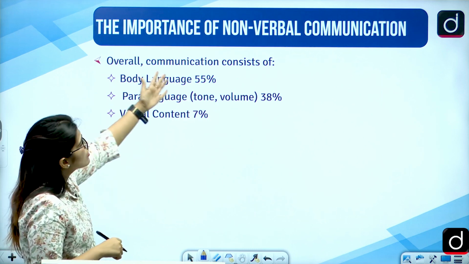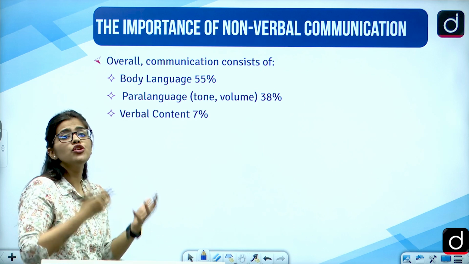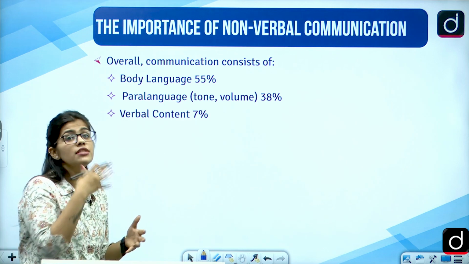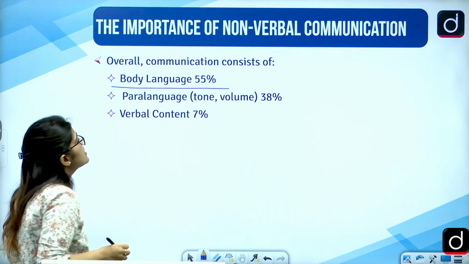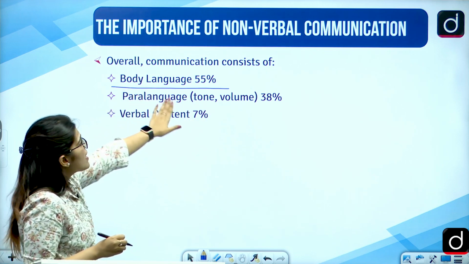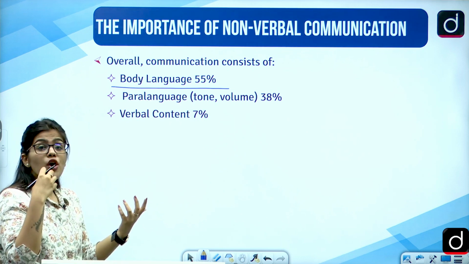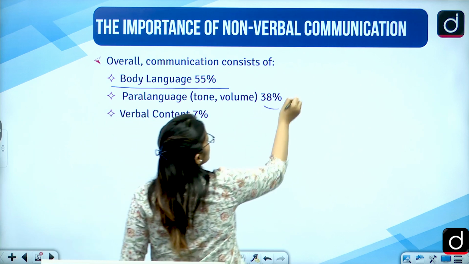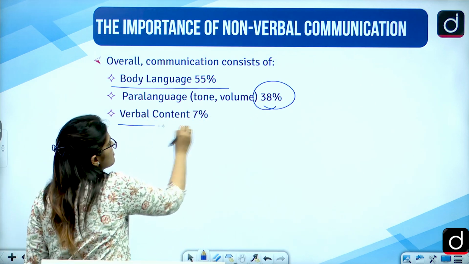Now, the overall communication consists of body language. The person should have good body language, and only then do you come to know that that person is interested in talking to you. So, 55% of the communication is attributed to the body language of a person, while the paralanguage, that means your tone, pitch, and volume in which you are talking, holds about 38%, and the verbal content is only 7%.